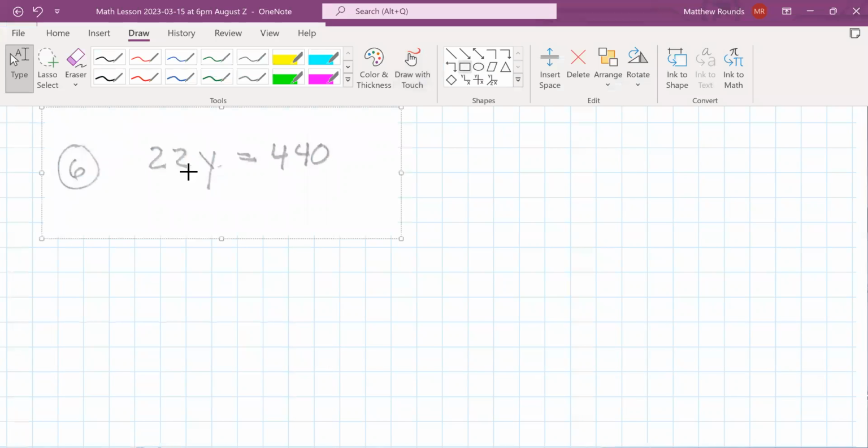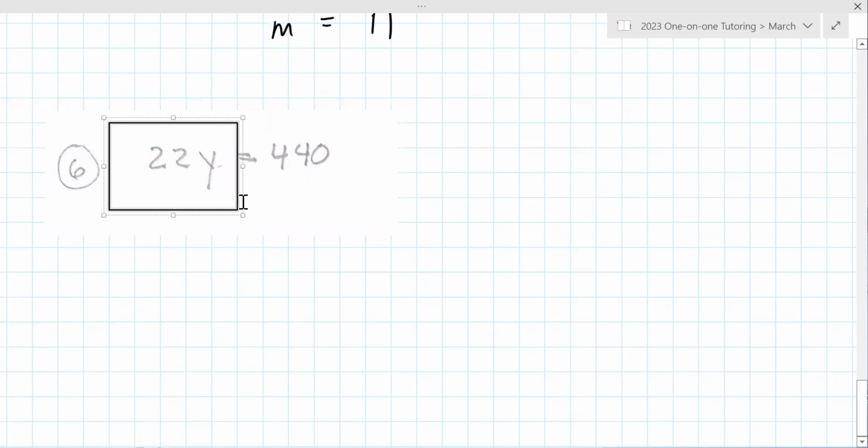If you need to, you cover up the other side with your hand, or you can use a sticky note. So you're going to undo multiplication by what? Division. Very good. So you're dividing both sides by 22.